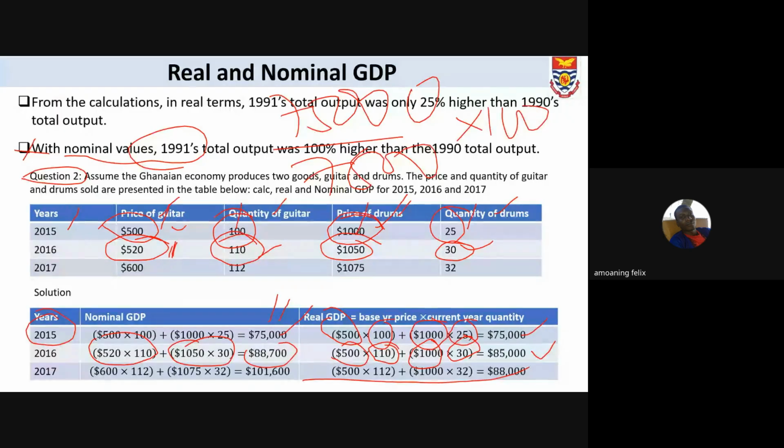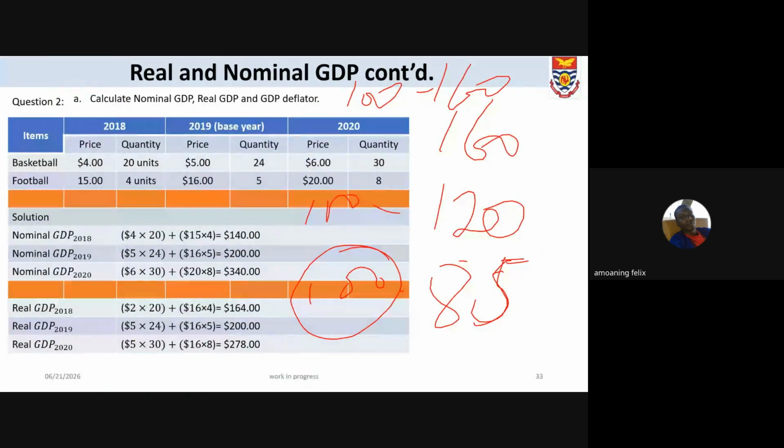So when I divide this, I'm going to get 100. The GDP deflator in the base year is always 100, because in the base year, your nominal GDP is equal to your real GDP.